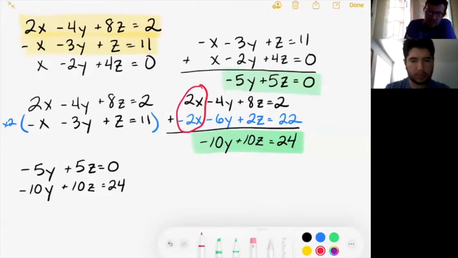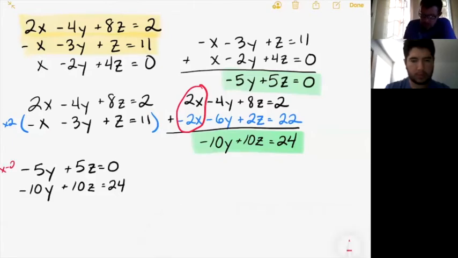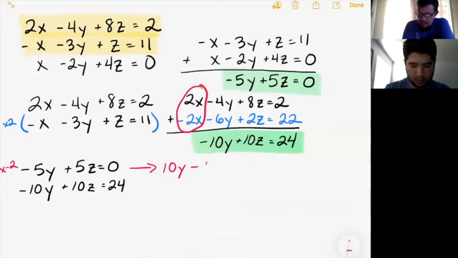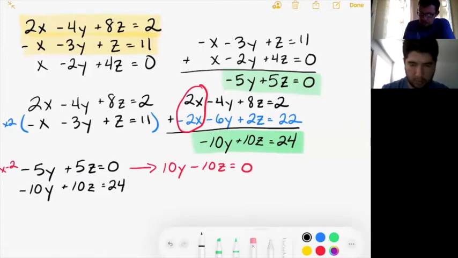Very good. So that makes the first equation. A -2 times a negative 5y is a positive 10y. And then my positive 5z times negative 2 is negative 10z. And then, of course, 0 times -2 is still 0, bonus. And on the bottom, the equation stays the same.